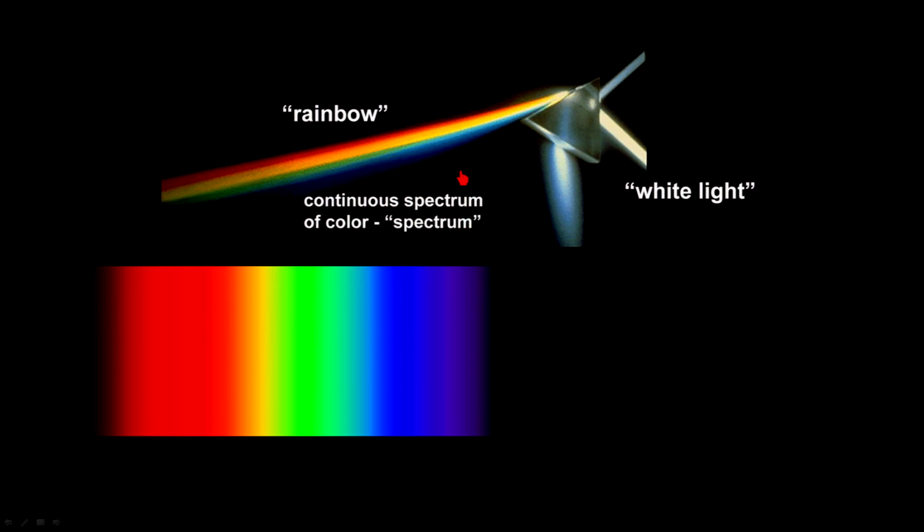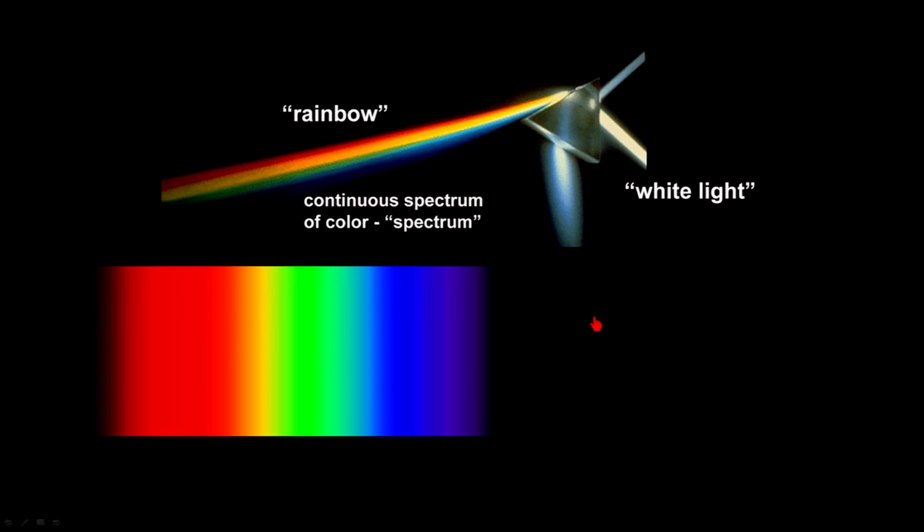In the context of the astronomy class, I will continuously use the phrase visible spectrum. So I'm going to get away from the word rainbow and say visible spectrum. Make sure you understand the terminology. This is the visible spectrum.